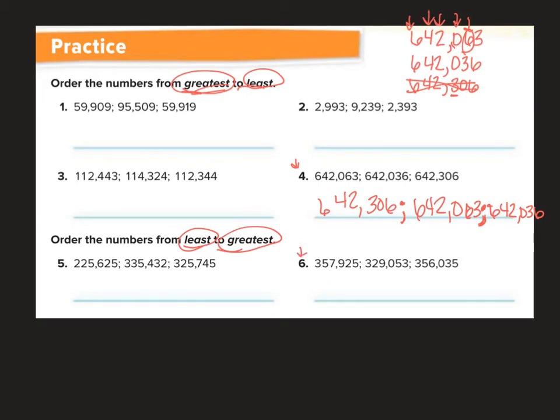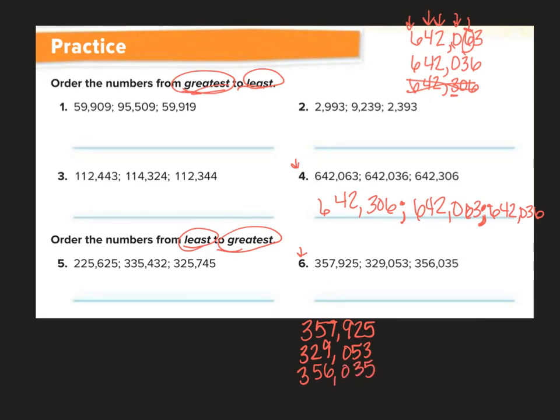Okay, I'm going to do number 6. So we have 357,925, 329,053, 356,035.